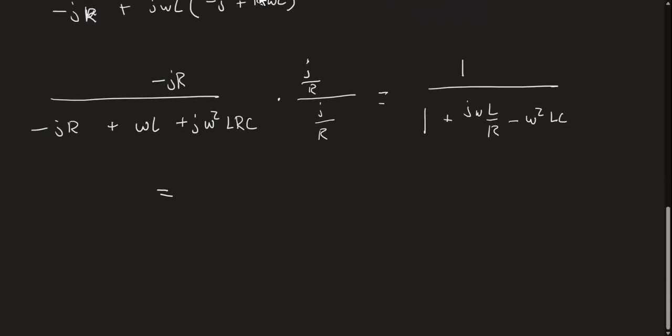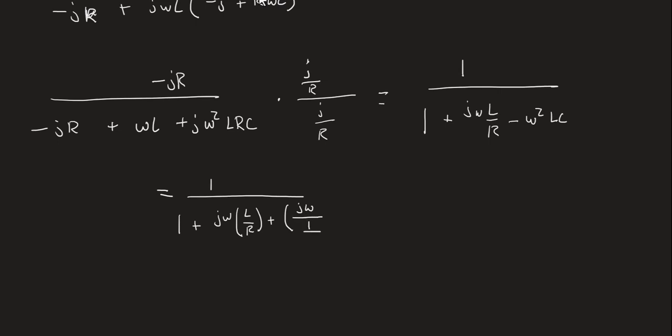Okay, so now to get it into the correct form, I'd have 1 over 1 plus j omega times L over R, plus, so this minus here becomes j squared, so j omega over 1 over the square root of LC, all squared.